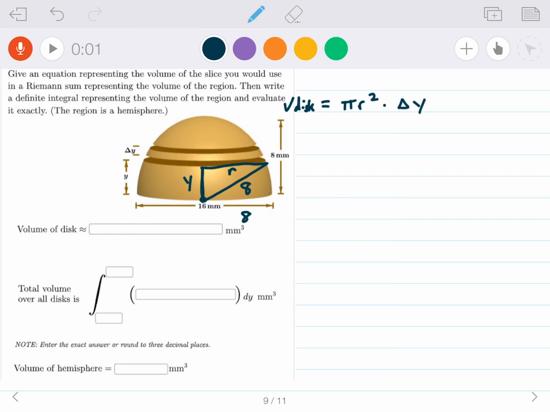So r is the radius of a disk at height y.